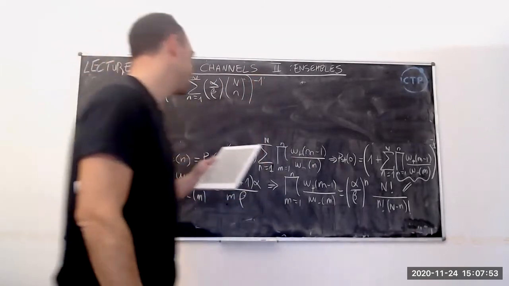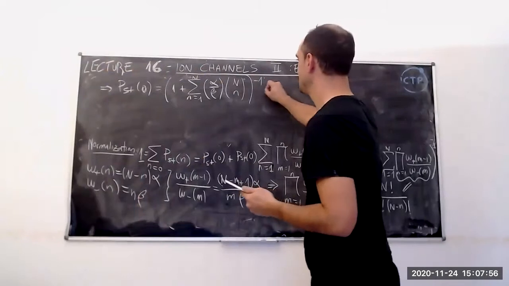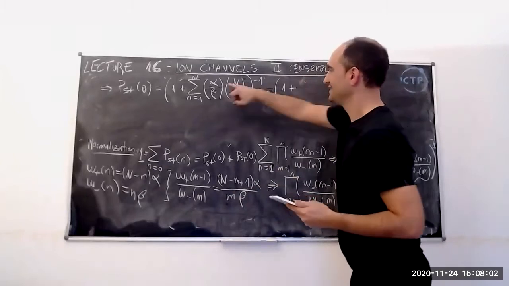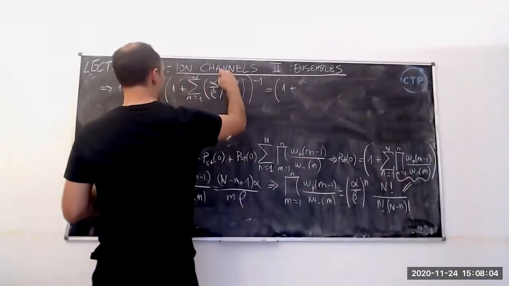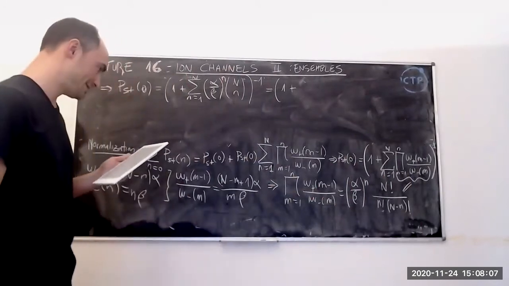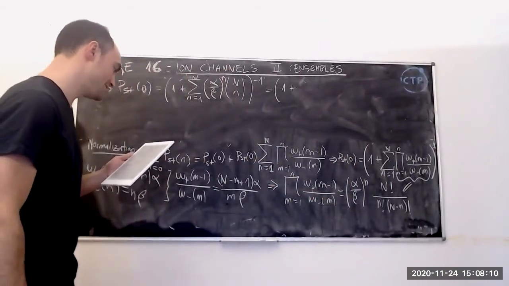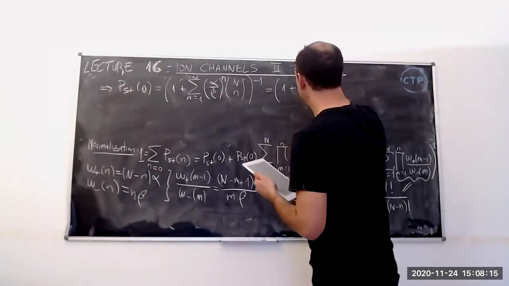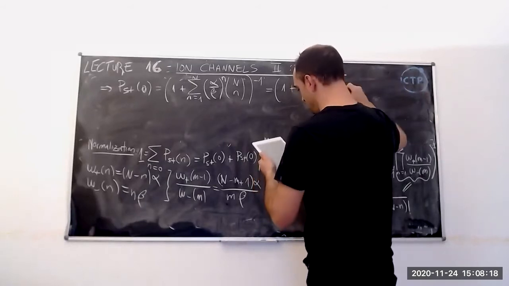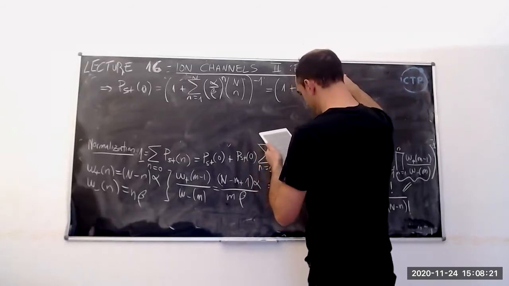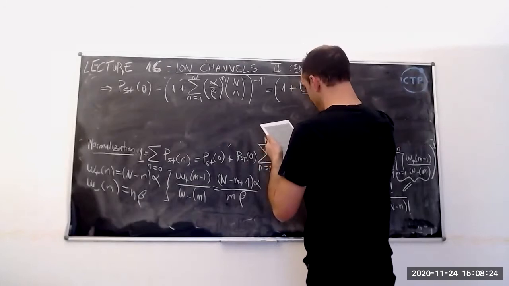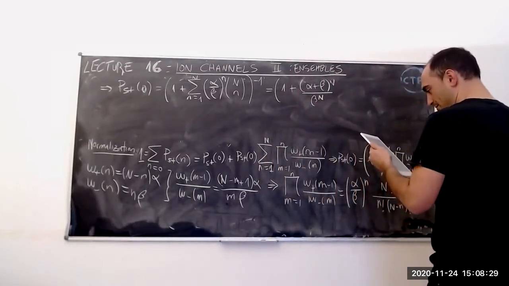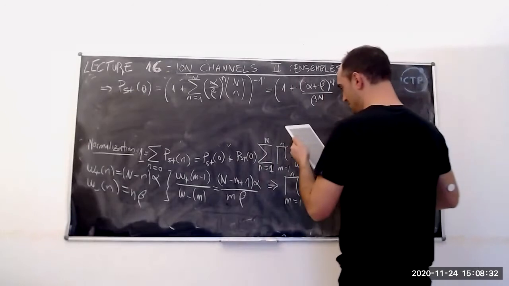Okay, and what is this? You can write this as 1 plus this. I forgot something. Okay, like this. Yes, so this is nothing but (1 plus alpha plus beta) to the power N divided by beta to the power N, if I remember well, minus 1.